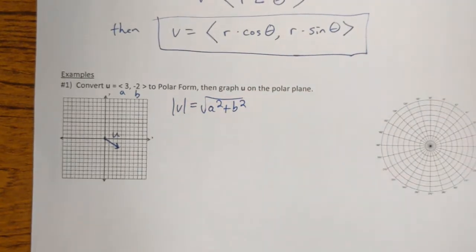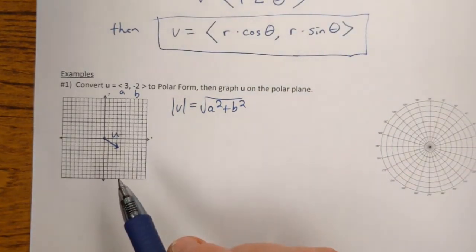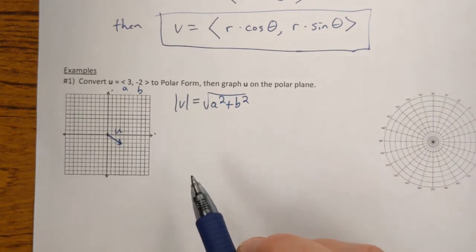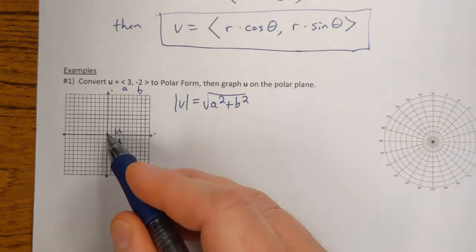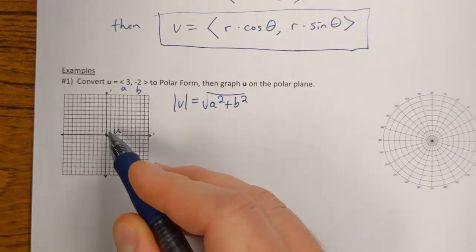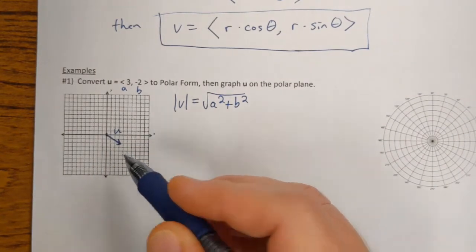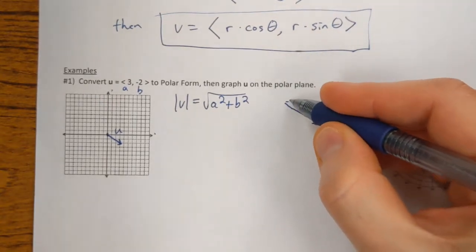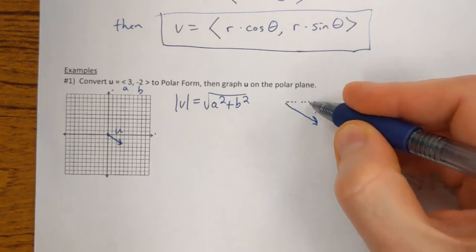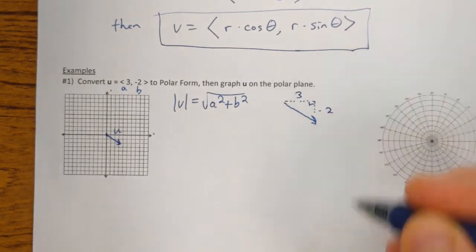Okay, in essence, to find the magnitude, we want to find the distance of this diagonal. How long is this diagonal? Well, really what we're doing is turning this into kind of an invisible right triangle where this is a 3 and this is a -2.